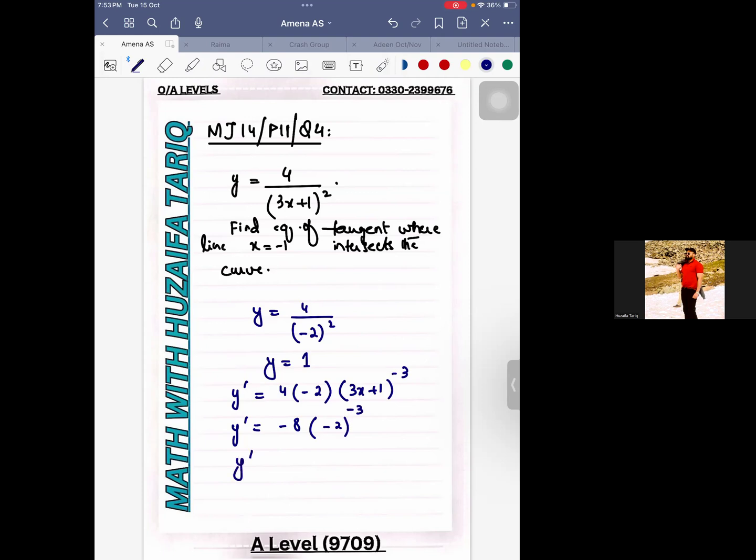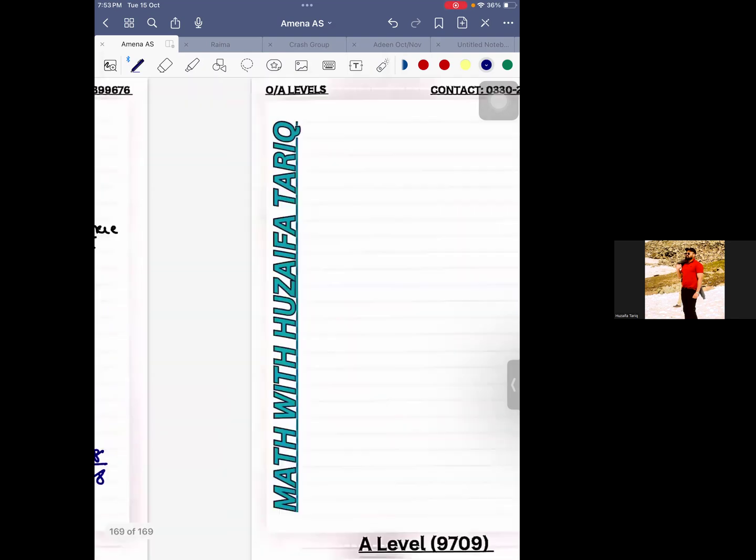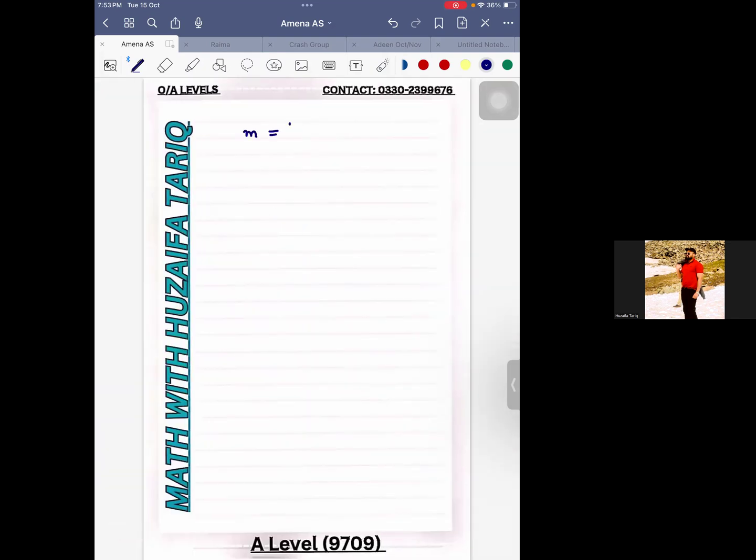So we can write as -8 divided by -2 cube. So it will be y bar equals -8 upon minus, and 2 cube is 8. The value of y bar is 1.